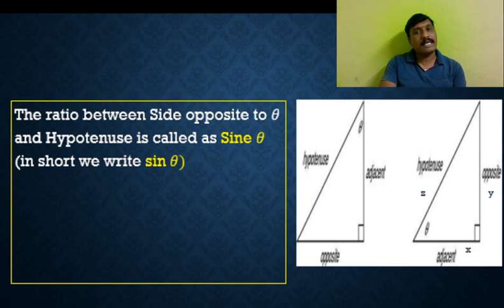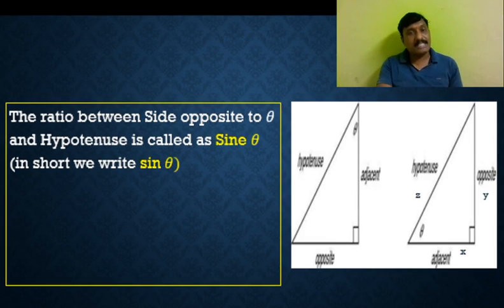If I take the ratio 3 by 5, it is given a ratio name, that is sine theta. In your further classes, by doing geometrical activities, you can learn in detail how and why it is called a ratio. This is the name itself, sine theta.